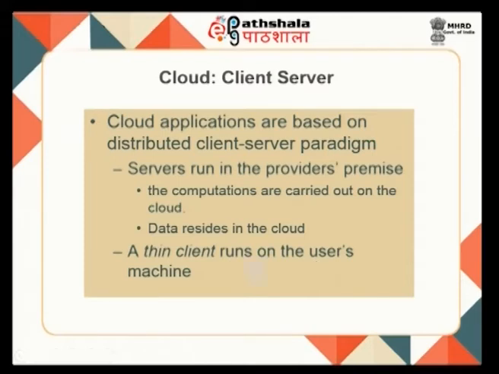Let us understand why it is called a thin client. In a client server paradigm, the job of the client is to ask for a specific service, and the job of the server is to provide that service. Now, in this a lot of information gets exchanged, and it is quite possible that some part of this information may still reside with the client and some part may reside in the server.